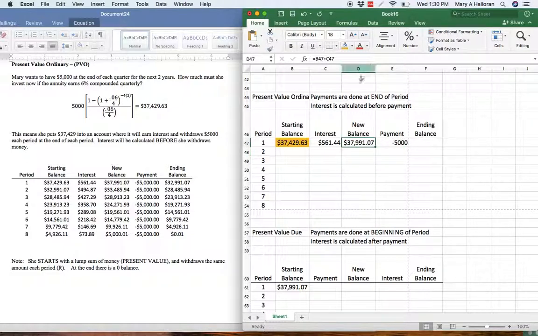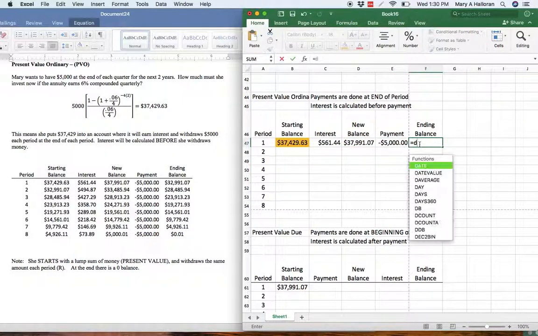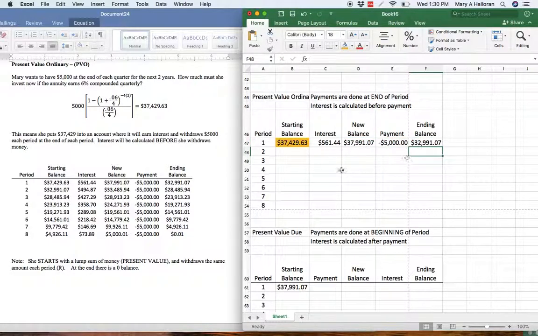So if I do that, I'd like these to be dollars. I have $37,991.07. I'm taking $5,000 out. So I have $32,991.07 in my account. So that amount is going to get carried to the next month.